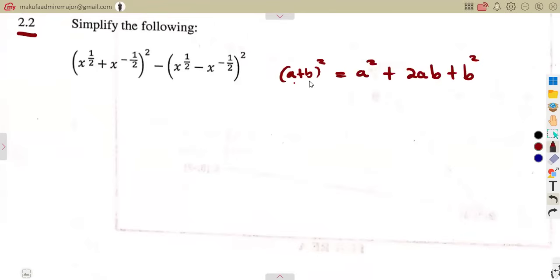The first and the last squared is equal to the first squared plus 2 times the first and the last plus the last squared. If it is a minus b squared, it is going to be a squared minus 2ab plus b squared. You can memorize these.